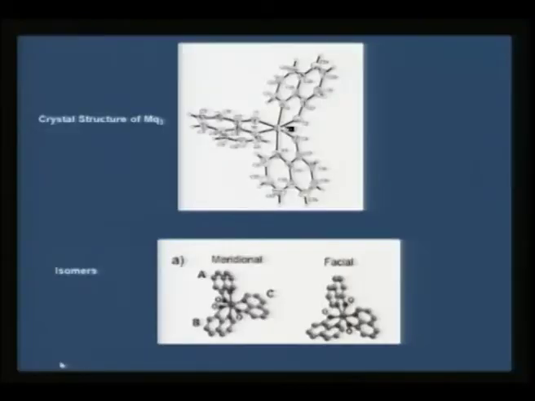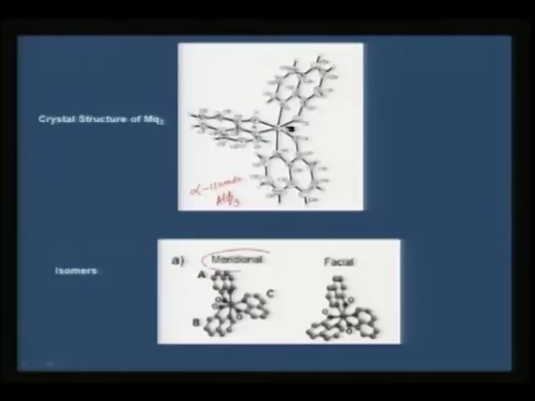This is a typical crystal structure of an alpha isomer of AlQ3, and even in AlQ3 there are different polymorphs, and this is typically the X-ray crystal structure of an AlQ3 alpha isomer. AlQ3 can either be in meridional form or facial form.